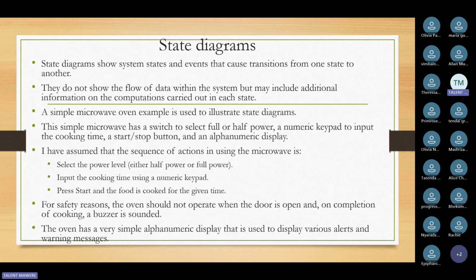A simple microwave oven example is used to illustrate state diagram in this lesson. This simple microwave has a switch to select full power or half power, a numeric keyboard to input the cooking time, a start or stop button, and an alphanumeric display.